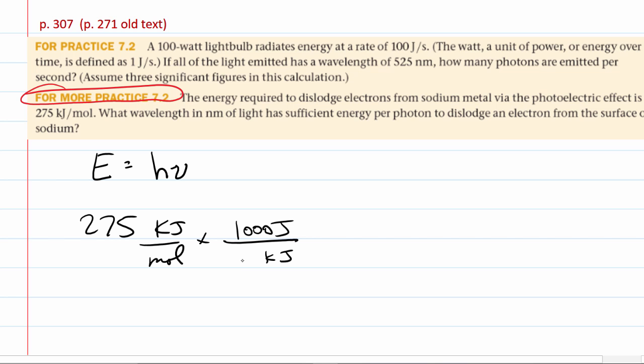Down below we'd put 1. Kilojoules are going to cancel. This is now the joules per mole. If we now want the joules for every one photon or one electron that it's going to kick out, we could say that for every one mole, we have how much?